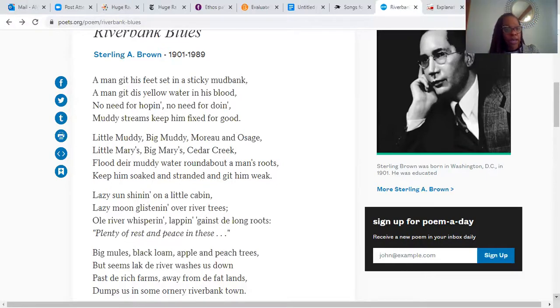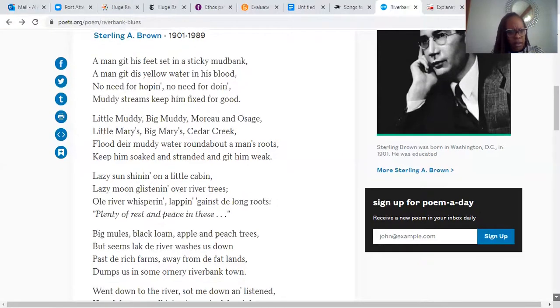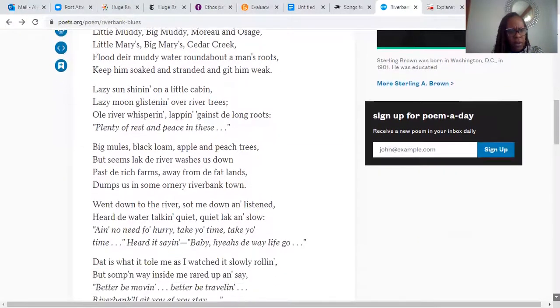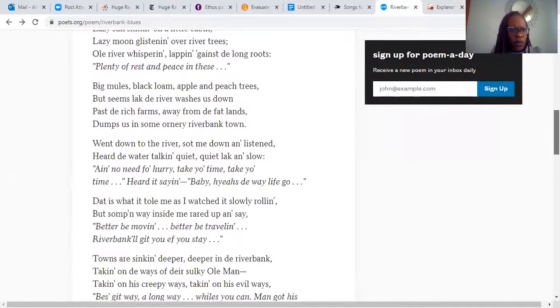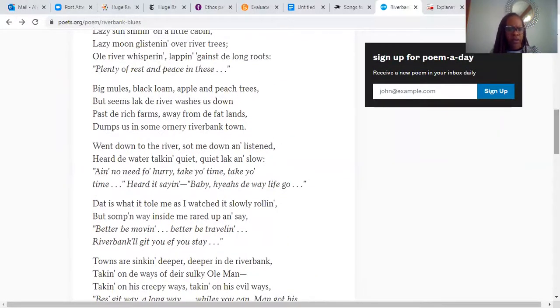Yes, the river. How many times did he bring up the river? I think twice. I read it twice too. Yeah, he brought that river up twice, but it's a common theme in the poem. You said, went down to the river, sat me down and listened, heard the water talking quiet like and slow.